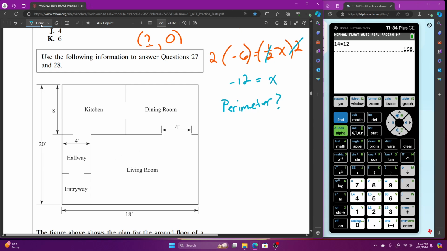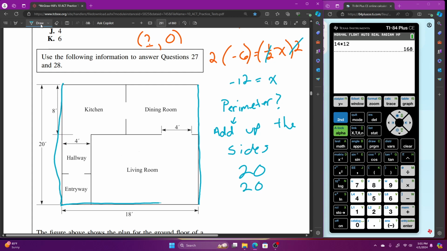I usually think about a fence when I think about perimeter. Perimeter is when you add up the sides. So this side is 20, and this side across from it will also be 20.